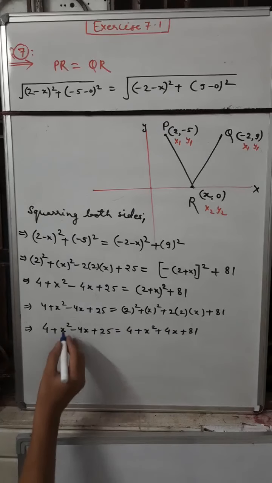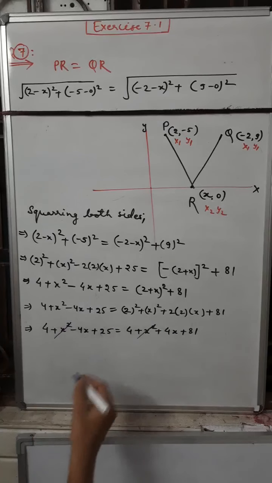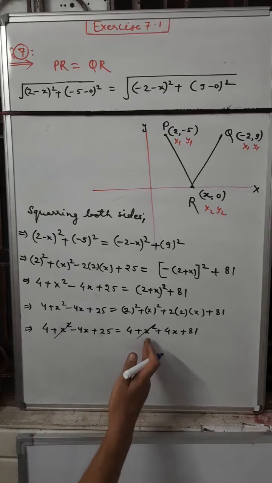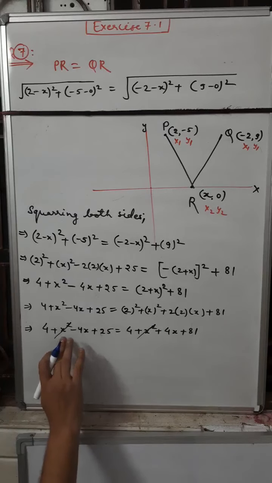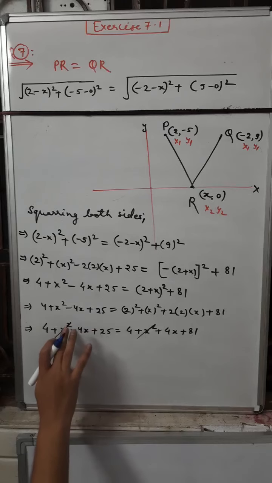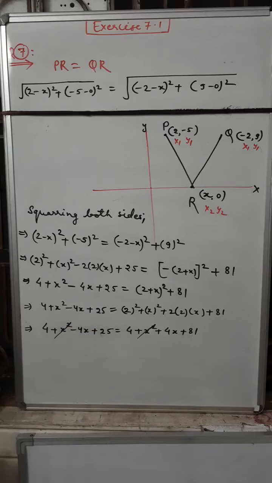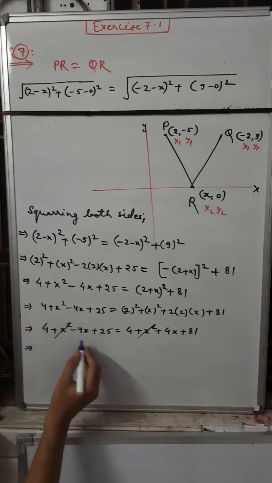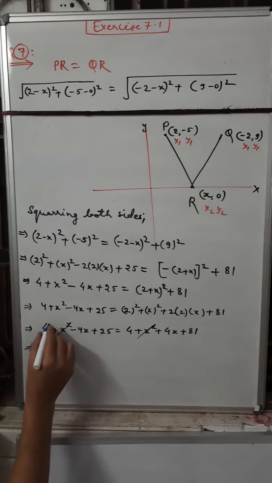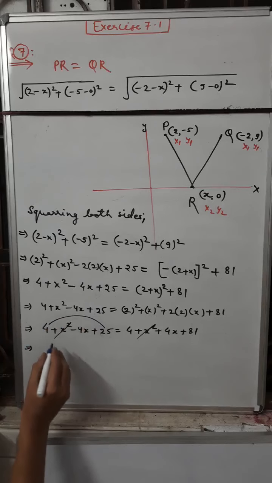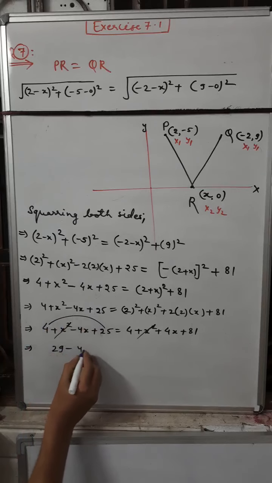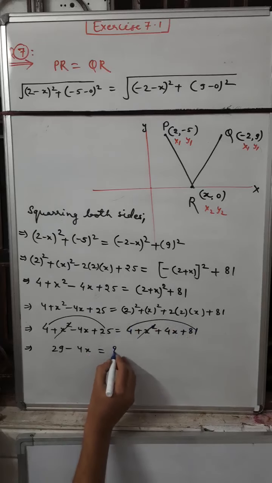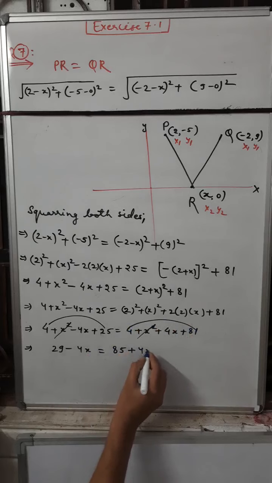Now both sides we have the same x square, so both can cancel. If we transfer it to the left hand side, it becomes minus x square, so x square and minus x square become 0. Now add all the constants and transfer the x terms. So 25 plus 4 is equal to 29, minus 4x is equal to 81 plus 4, 85, plus 4x.